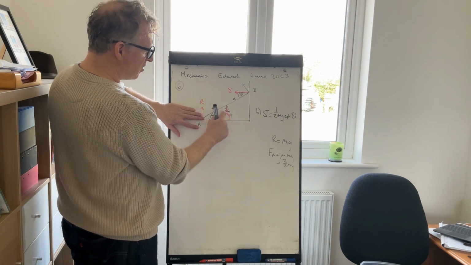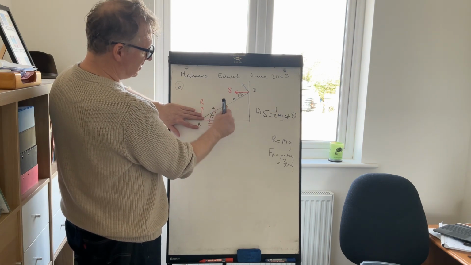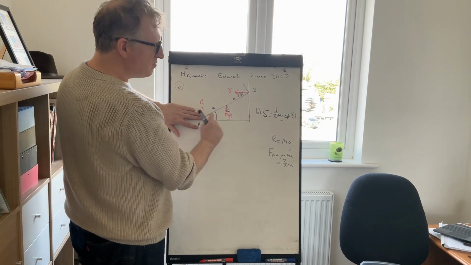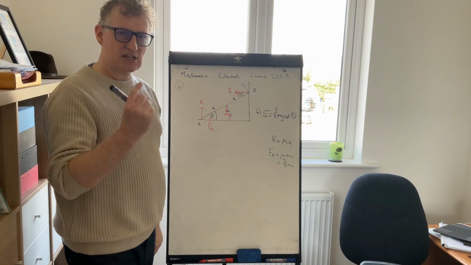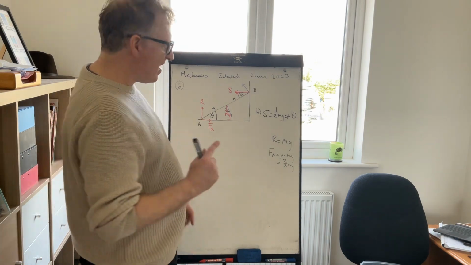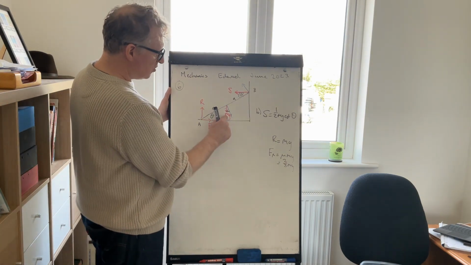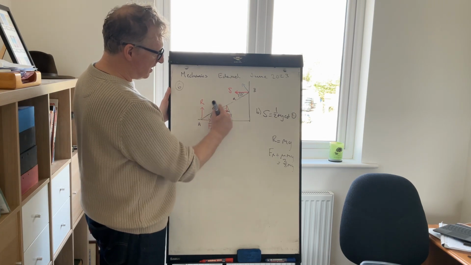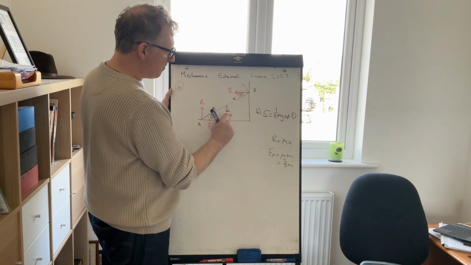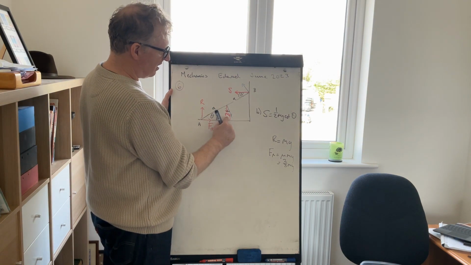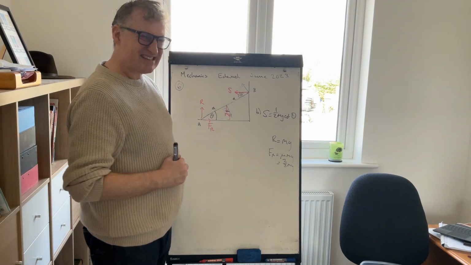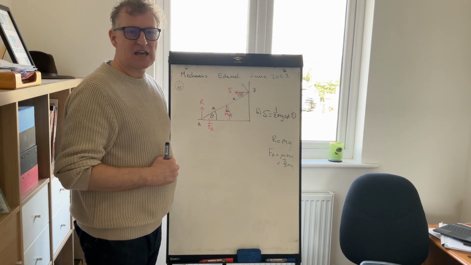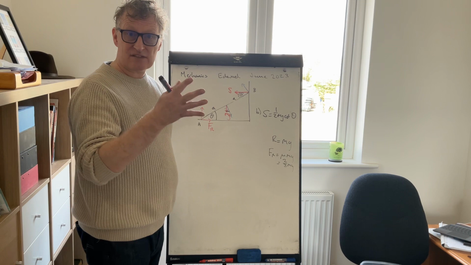So when we take our moments and we resolve that and do that times the distance, because the distance is larger, the moment caused by mg is going to be bigger. Because it's further away, we'll be timesing by a bigger distance, so the moment caused by S is going to have to increase to be able to match it and cancel it out.